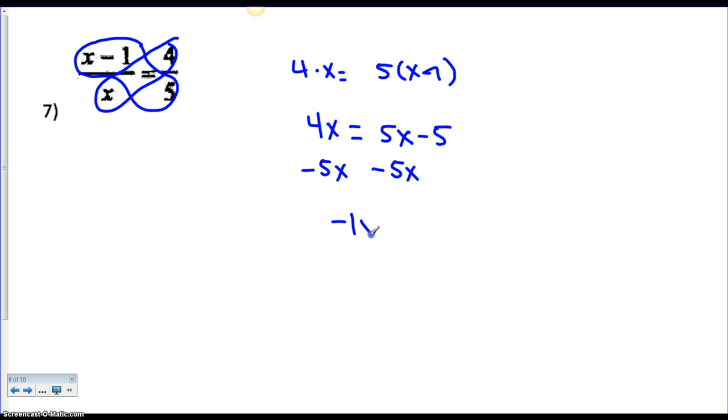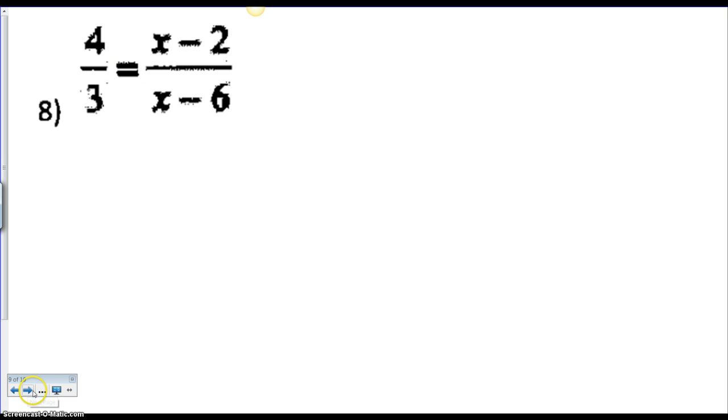So I have negative 1x equals negative 5. Divide both sides by negative 1. You got x to be positive 5. And let's do one more.